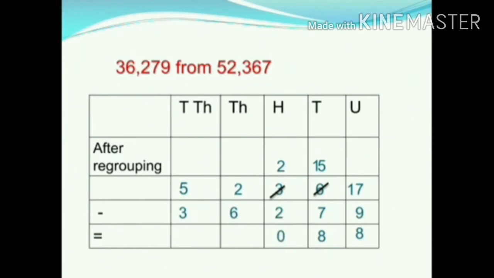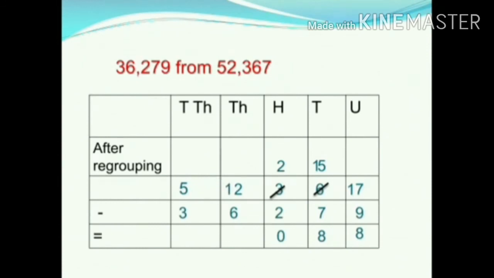After hundreds place, we should subtract thousands place. In thousands place, 2 is less than 6. So 6 cannot be subtracted from 2. Hence borrow 1 ten-thousand from ten-thousands place. 1 ten-thousand equals 10 thousands. The thousands place can be written as 10 thousands plus 2 thousands equals 12 thousands.